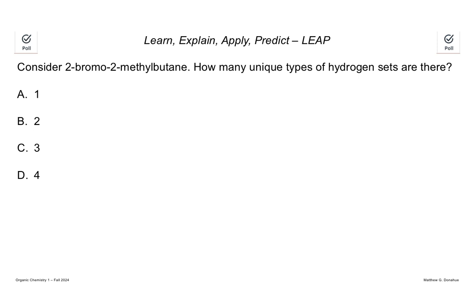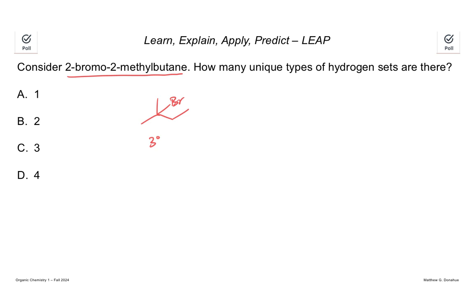So the example will use 2-bromo-2-methylbutane. Last week we were just looking at 2-bromobutane. Now we're looking at a case where it's a tertiary bromide, and it asks how many unique sets of hydrogens are there.